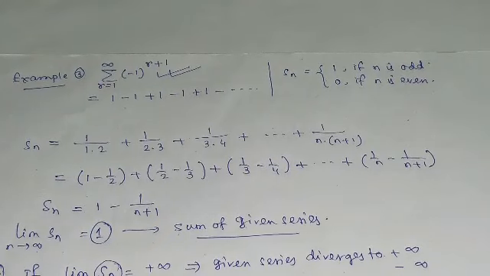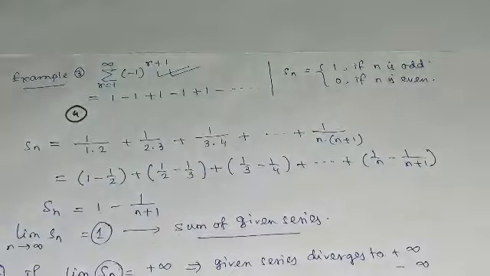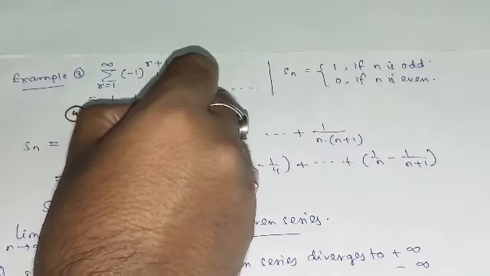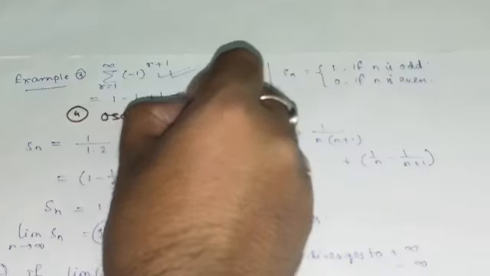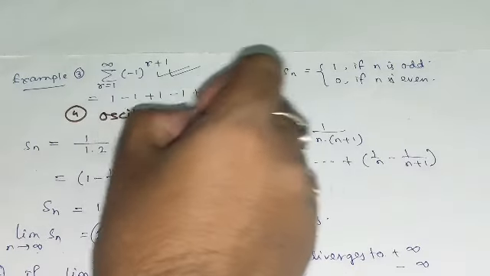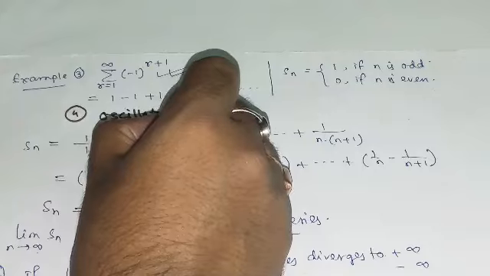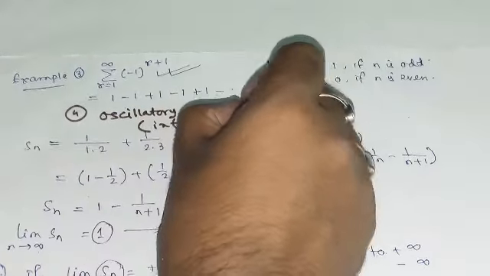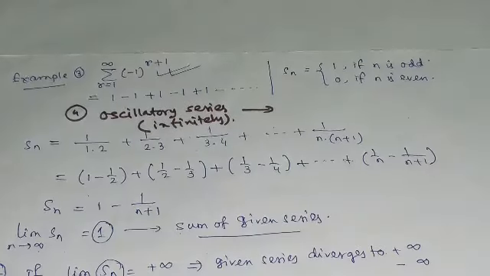Now here is another example, example number 4, for an oscillatory series, oscillating infinitely. Can you give me one example? Think about it and let me know in the comment section.